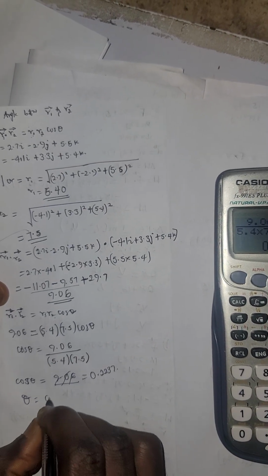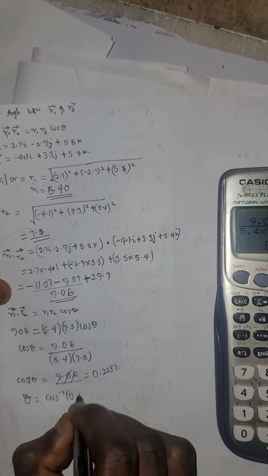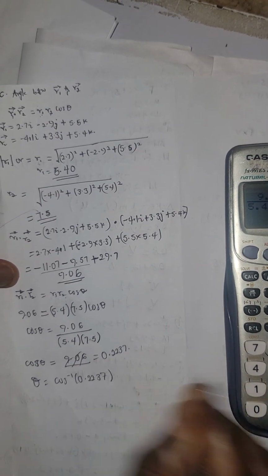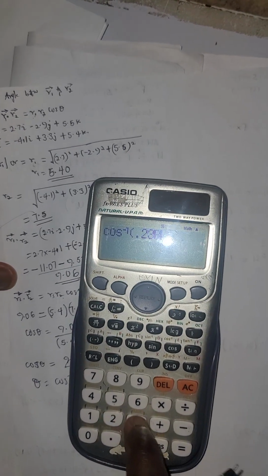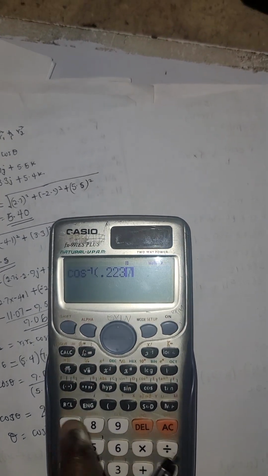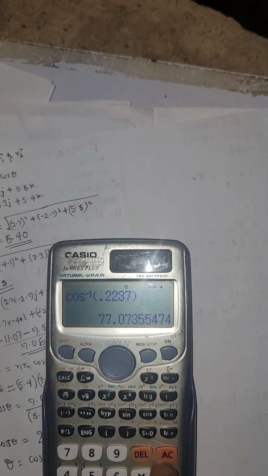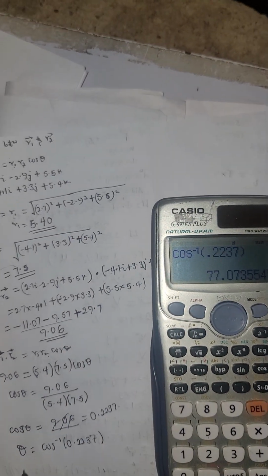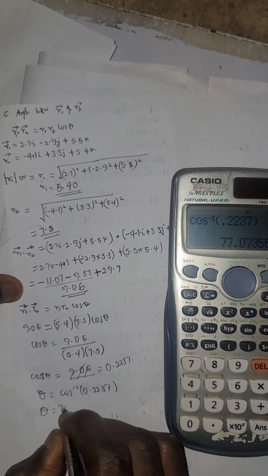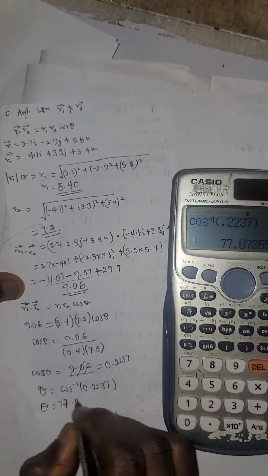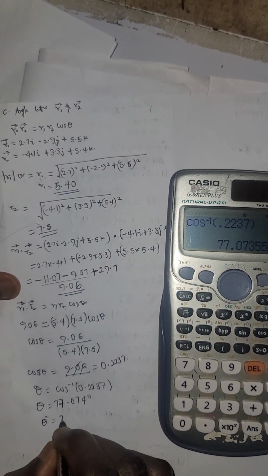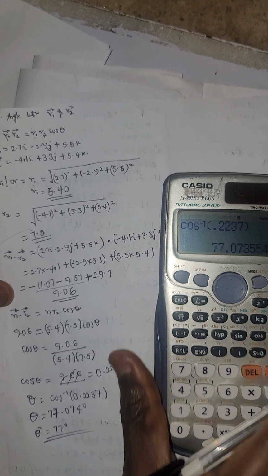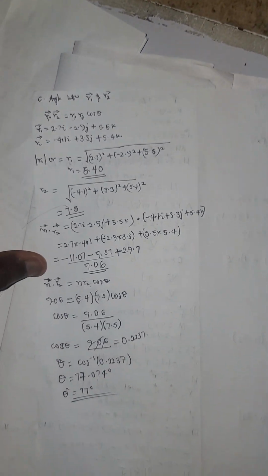So theta equals arccos 0.2237, which is 77.074 degrees. So theta approximates to 77 degrees. I think this is the answer. So we come to the end of this.